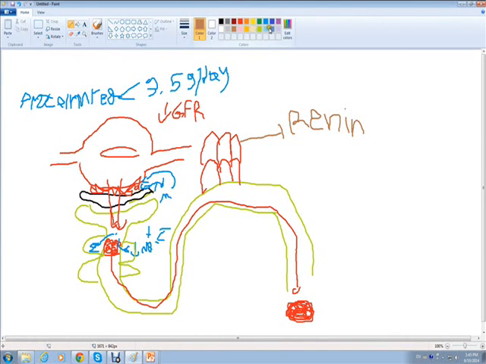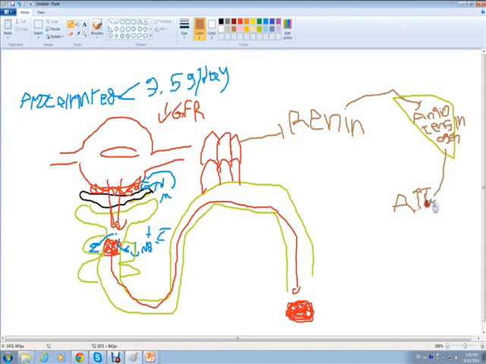So renin will go to our liver. A lot of action goes on in the liver, so it will act on the enzyme called angiotensinogen, and convert it to angiotensin 1.